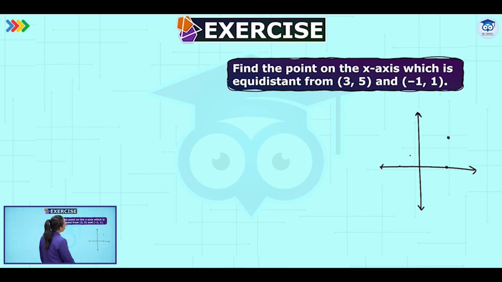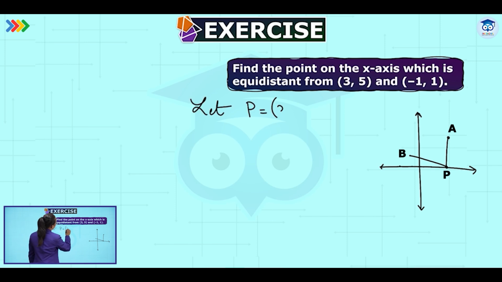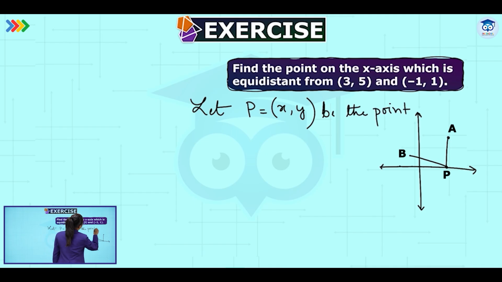It's not the perfect value I'm talking about, not up to the scale. Now we will be finding one point which is equidistant, meaning the distance from this to that point and the distance from this to that point should be the same. So let us consider P(x, y), we don't know, right, be the point on the x-axis.